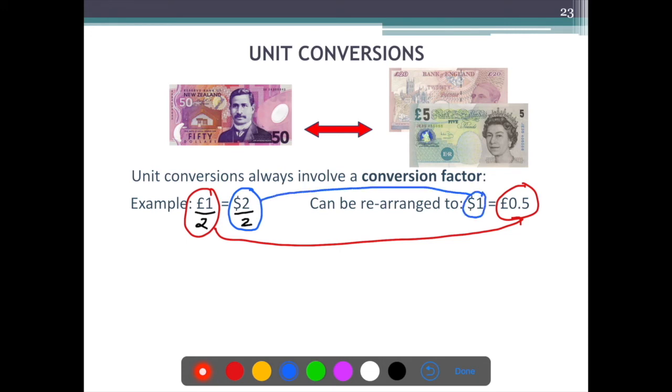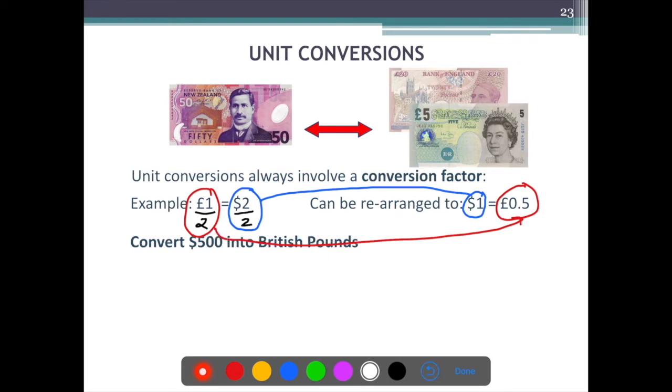So you have these two forms of the conversion factor: 1 pound equals $2, or $1 is equal to 0.5 pounds. So if we wanted to convert $500 into British pounds, let me just erase this.